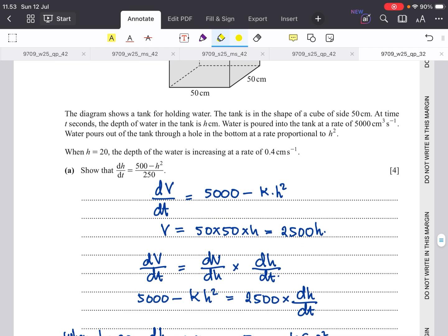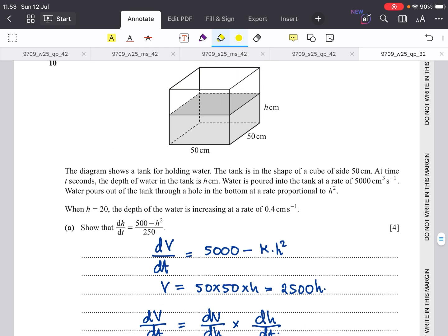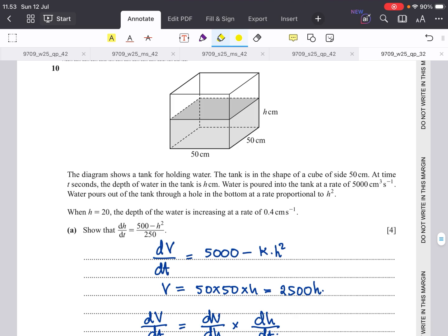And then the second one, the volume of the water in the tank can be found using a formula. Base area of the tank is 50 times 50 times the height h centimeter.